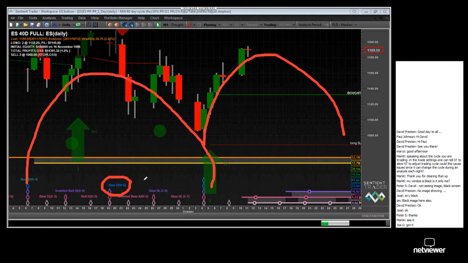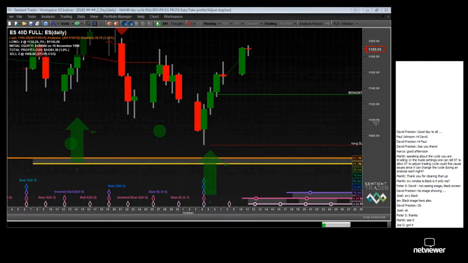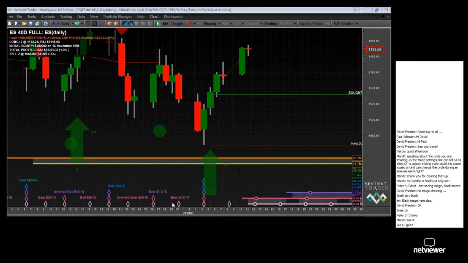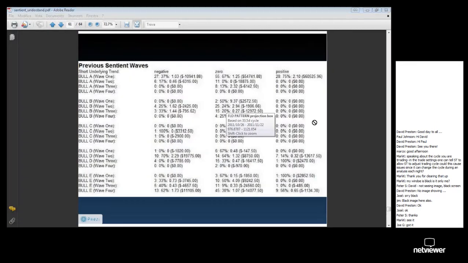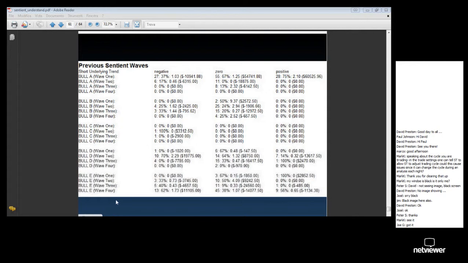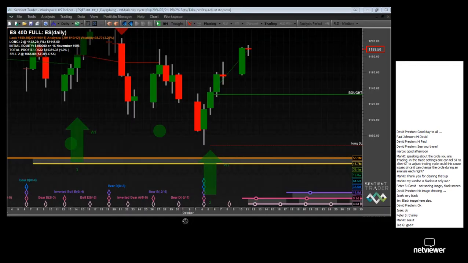So if we're thinking of trading this 40-day cycle over here, then the previous pattern is the shape of the previous wave, which is the previous 40-day cycle, which is over there, and there is the shape of that previous wave. So when you're about to trade a wave, a cycle, you always know what the previous pattern was, what the previous shape was. There it is. It was a bear D, and our underlying trend here is neutral. I happen to know. Take it from me.